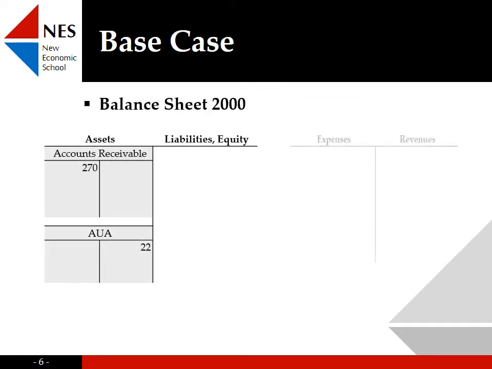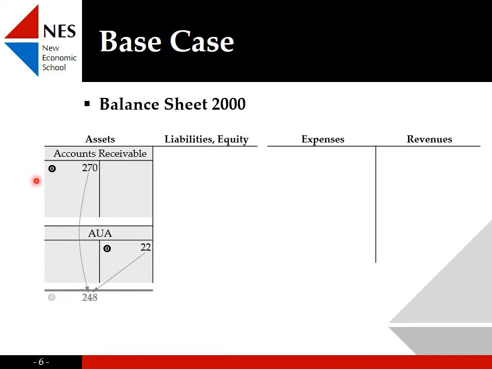Let us now see how the computation will be reflected in the company's T accounts. So we know that the total receivables at the end of year 2000 is 270, and in the second step we have computed the allowance that will be required to be equal to 22 at the end of the year. Now, obviously, the allowance for uncollectible accounts is a contra asset account that makes an adjustment to the gross accounts receivable.